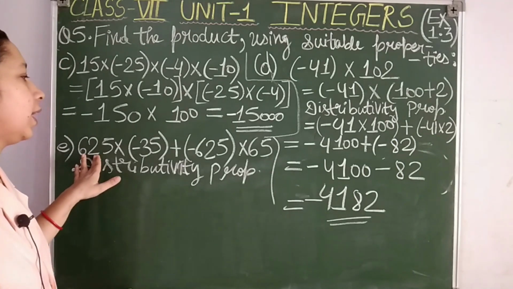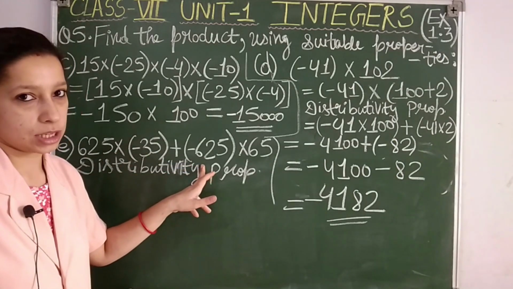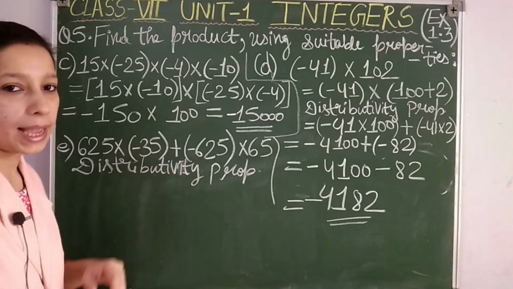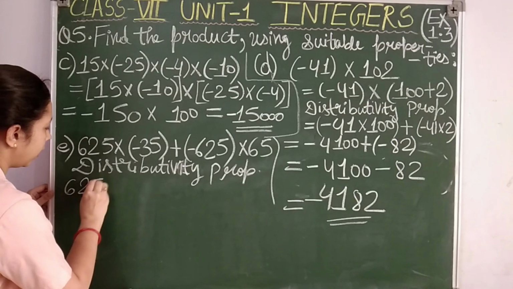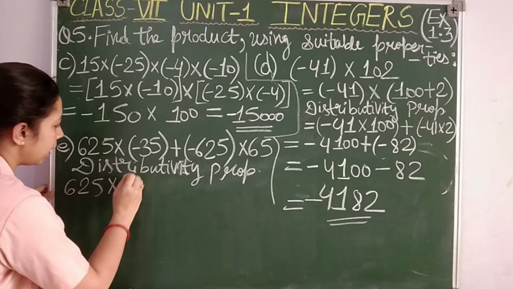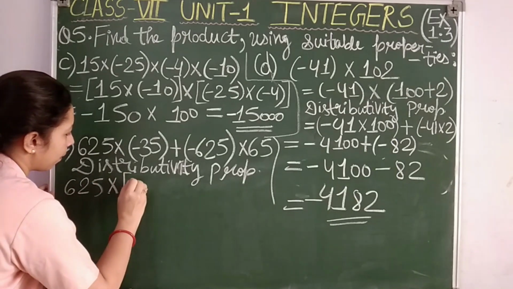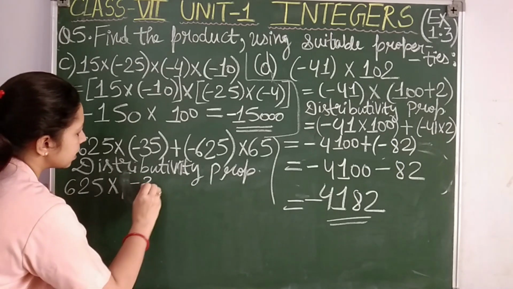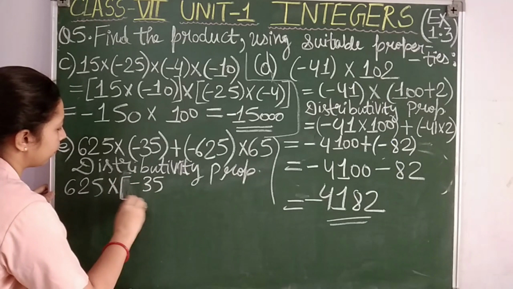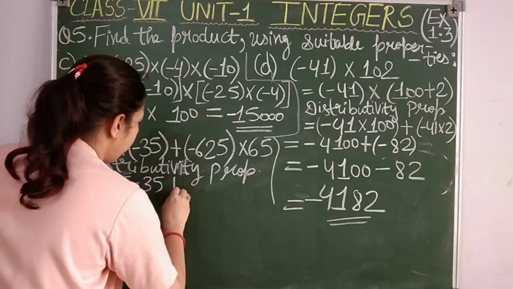Here it is 625 and here it is minus 625. So what are you going to take as common? We will write a positive 625. So 625 multiplied by, in bracket, minus 35 plus.